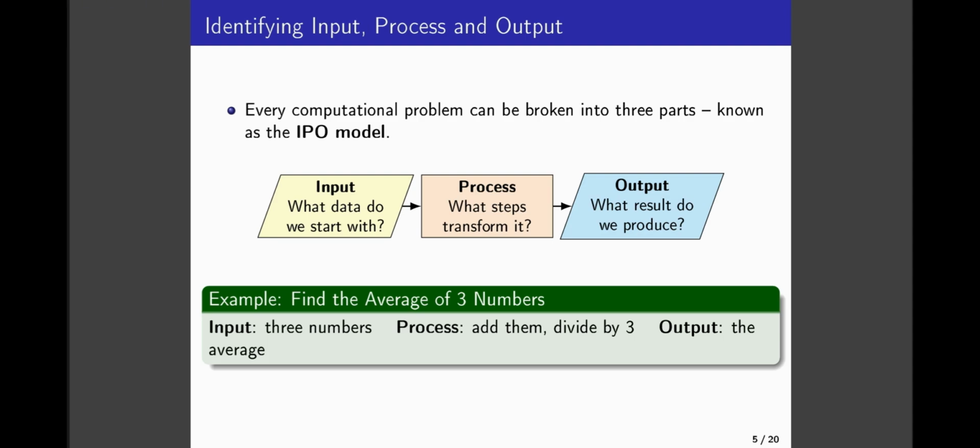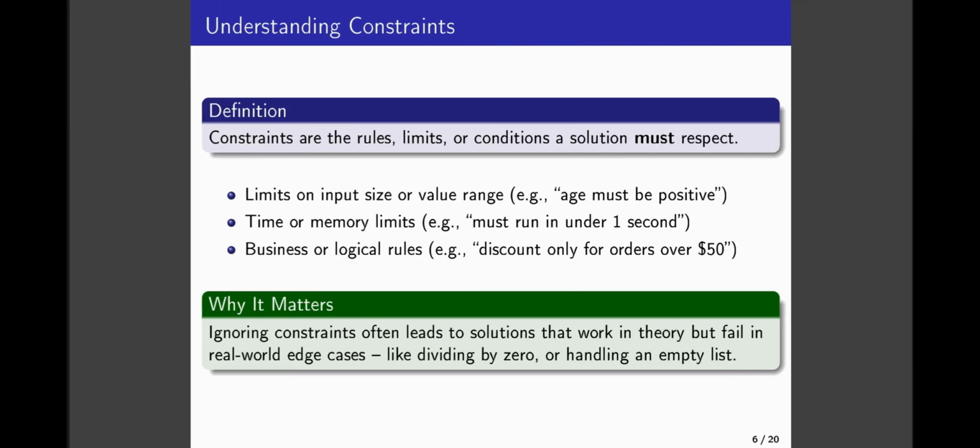Here is an example: finding the average of three numbers. Our input is the three numbers themselves, the process is adding them together and dividing by 3, and the output is the final average. Once you start thinking about problems this way, breaking them down will come naturally.